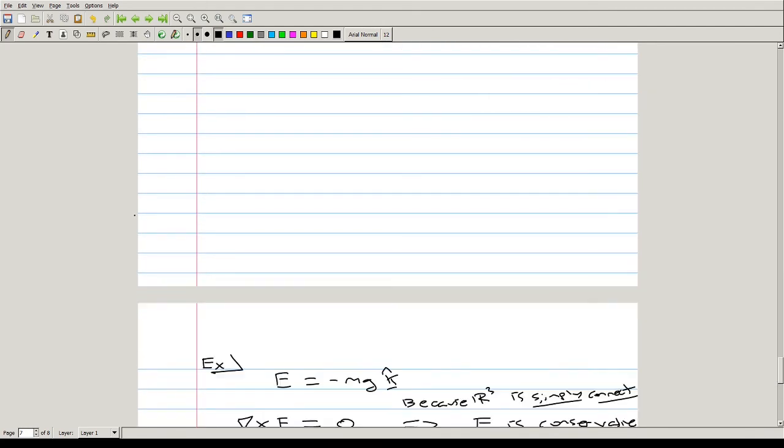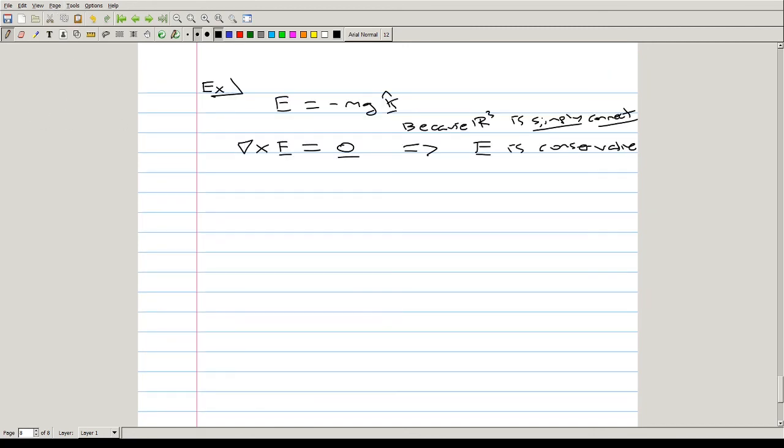So the last thing that we want to look at here is, if we have a given vector field and we know that it's conservative, or we suspect that it's conservative, how could we recover the potential function?